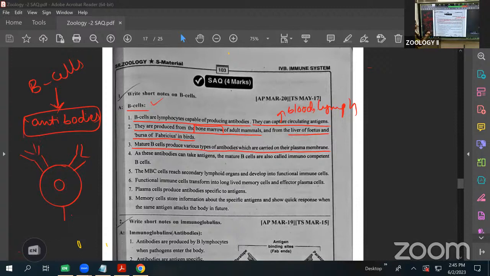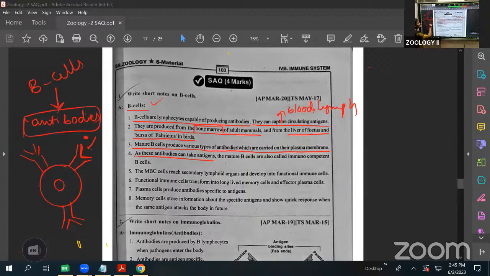Any circulating antigens are taken through the plasma membrane. This B cell produces these Y-shaped antibodies, and the antibodies take the circulating antigens.